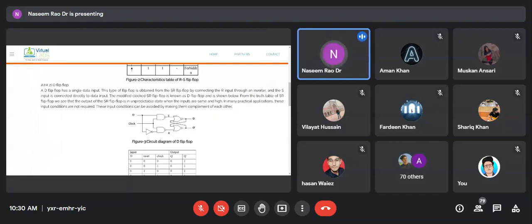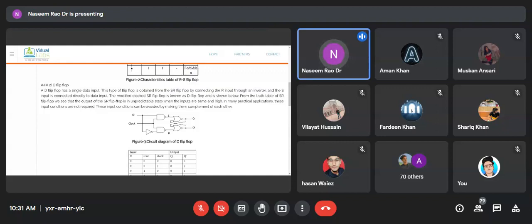In many practical applications, these input conditions are not required. These input conditions can be avoided by making them complements of each other. So we have shorted them from D. This is the clock pulse, and D is connected through to S and R.